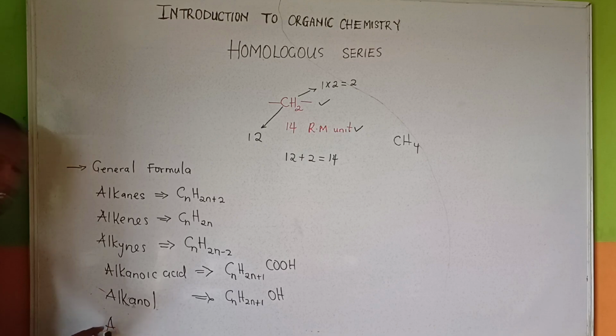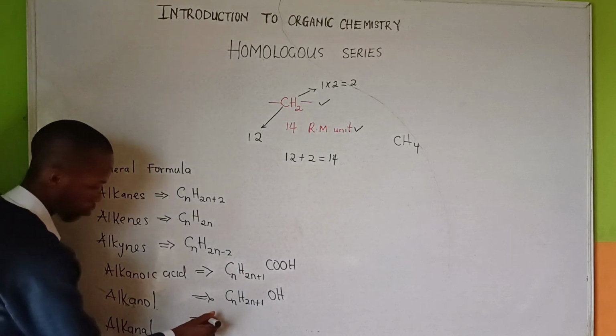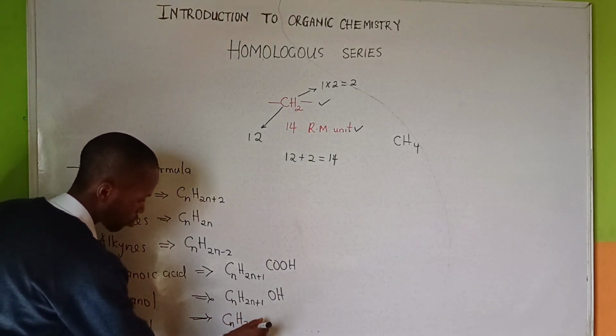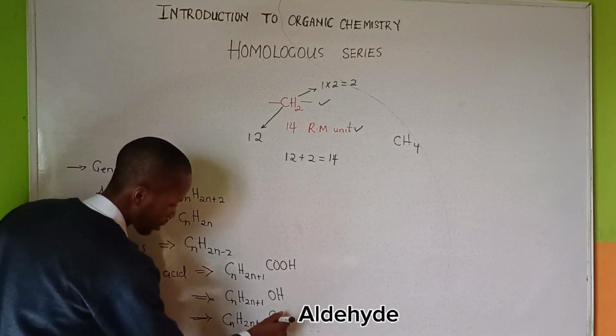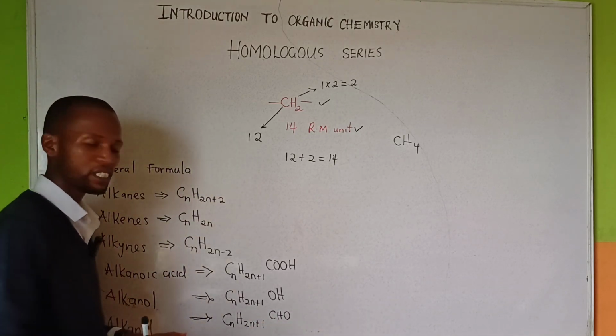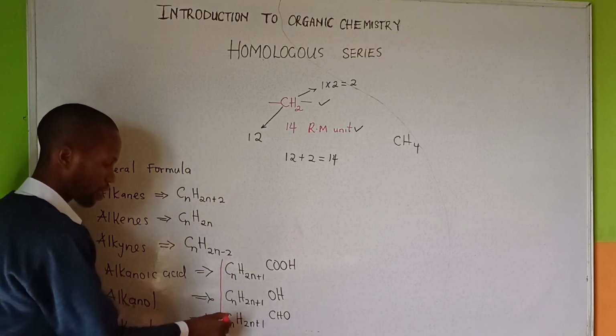We can have the aldehyde or the alkanal with the formula CnH2n+1CHO. It is actually observed that they have something in common.